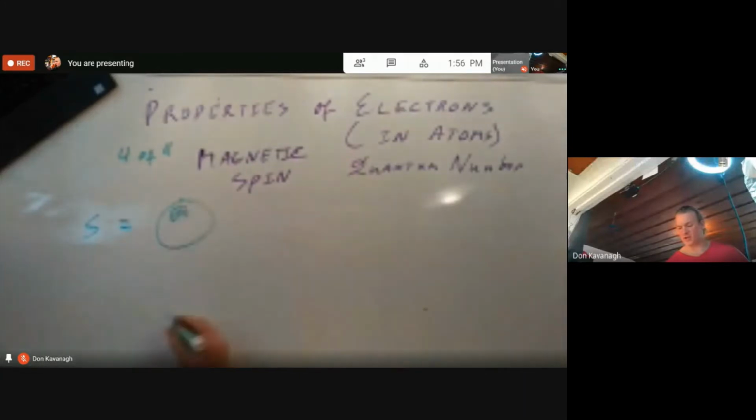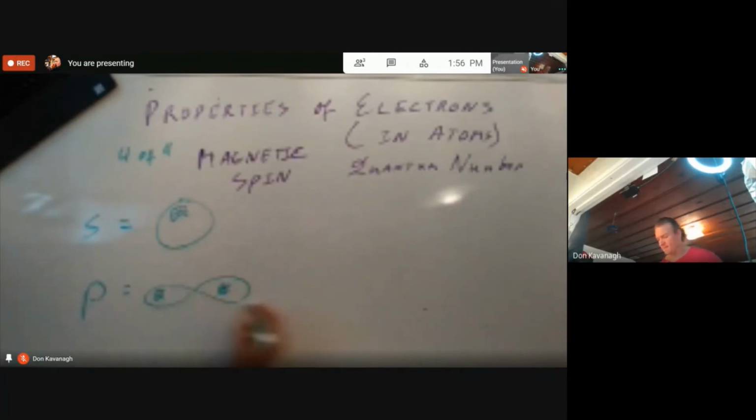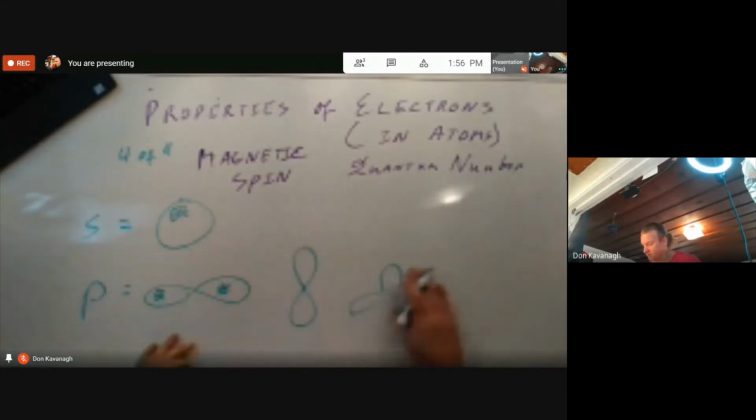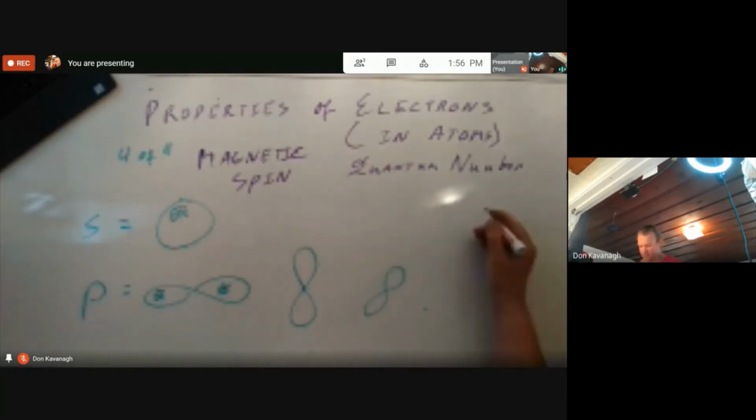And the second one is a p orbital that has this dumbbell shape, or a shape of two balloons tied together. And the direction of these p orbitals: one is in the x-axis, one is in the y-axis, and one is in the z-axis.